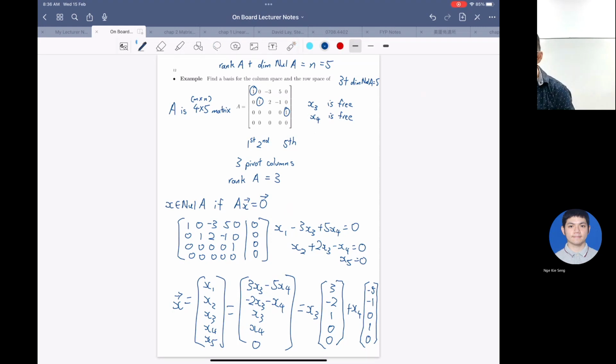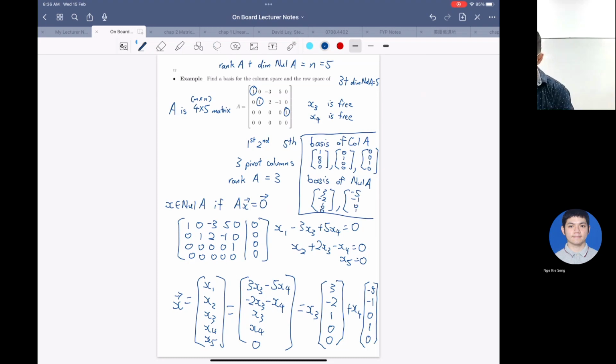So let me write somewhere. Let me write here. So basis of Col A first. Basis of Col A is 1, 0, 0, 0, then 0, 1, 0, 0, the pivot columns, then 0, 0, 1, 0. And then basis of Nul A is 3, -2, 1, 0, 0, and then -5, 1, 0, 1, 0.